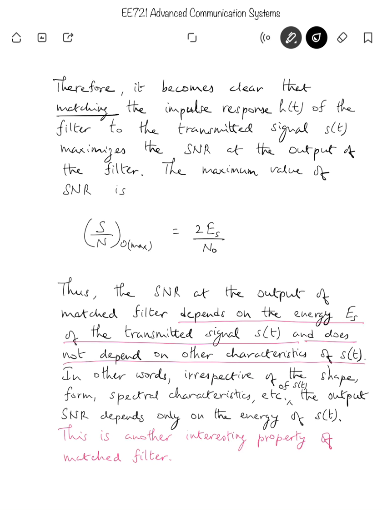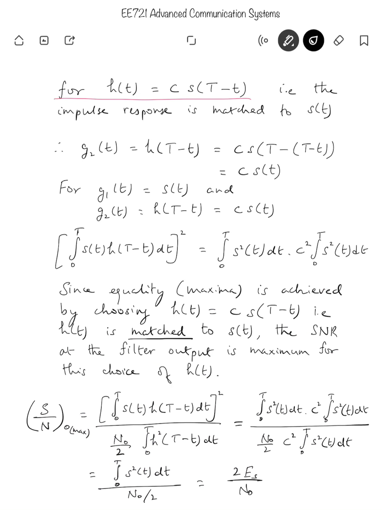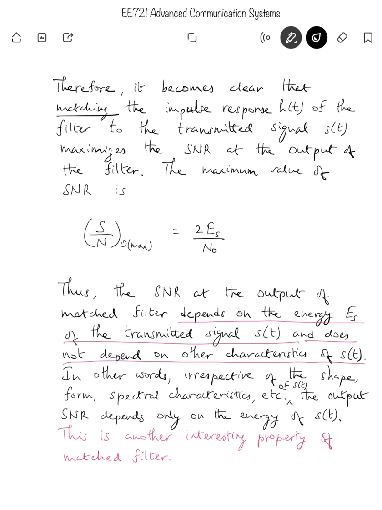Okay, so what we see here is that the maximum signal to noise ratio at the output of the linear filter is achieved when the impulse response of the linear filter is matched to the signal of interest s of t. So by choosing the impulse response h of t to be a time reversed and shifted, or causal, representation of the transmitted signal, and we have used a scaling factor also here, we are able to maximize the signal to noise ratio, and that maximum value of the signal to noise ratio is given by this expression.